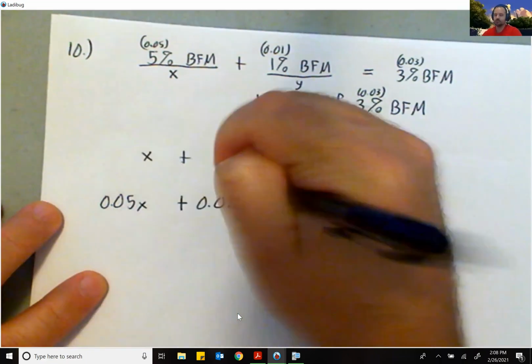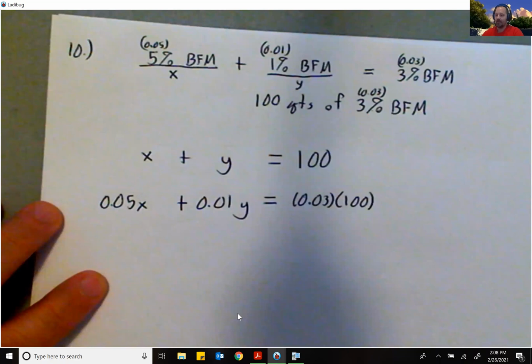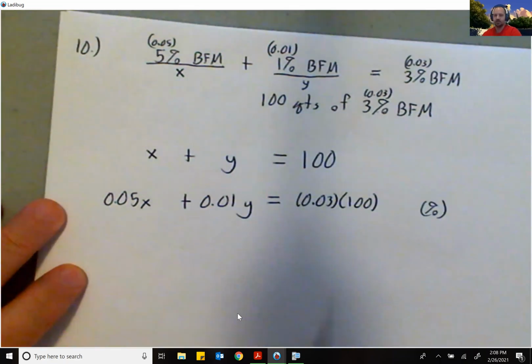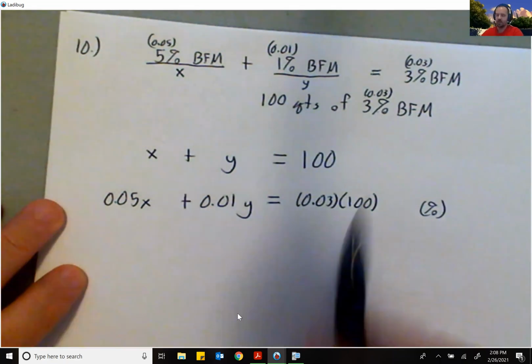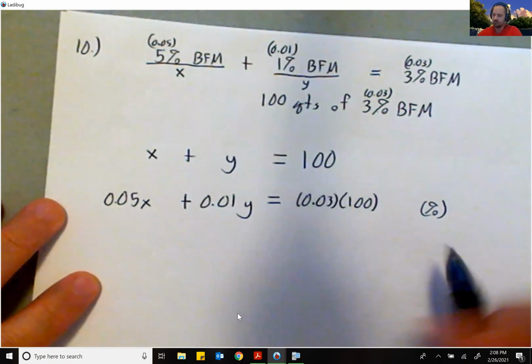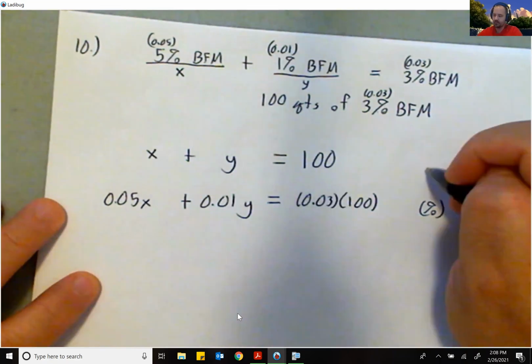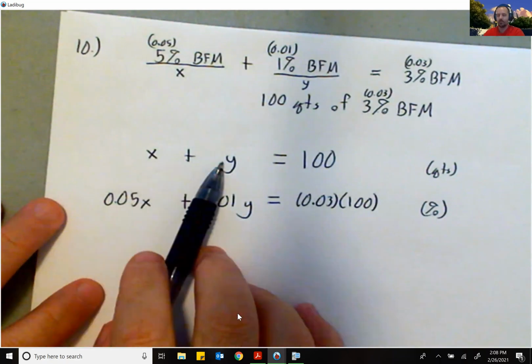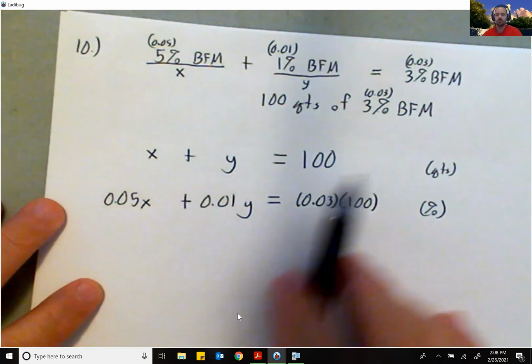You got it. I call this my percentage equation because it's percents, percents, percents. This one is all about quarts. I have so many quarts here plus so many quarts here, better be 100 quarts.